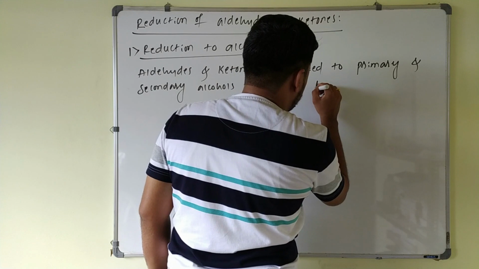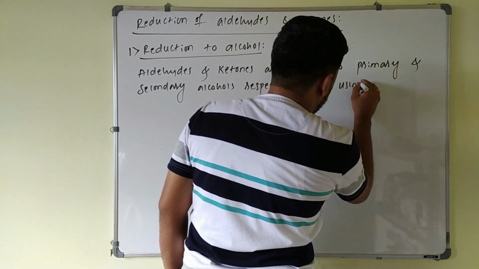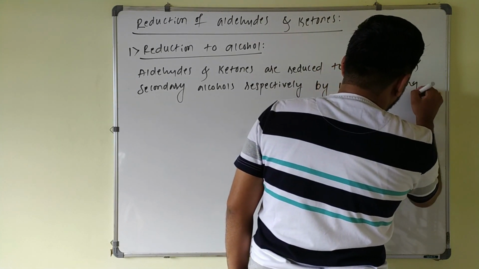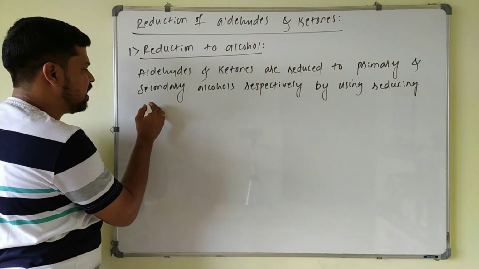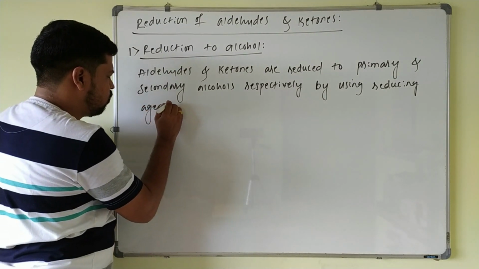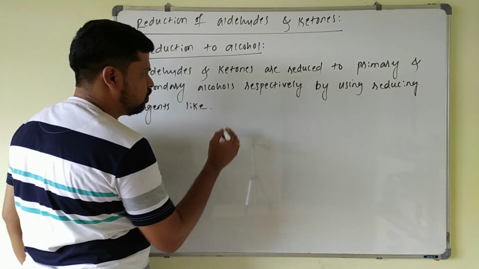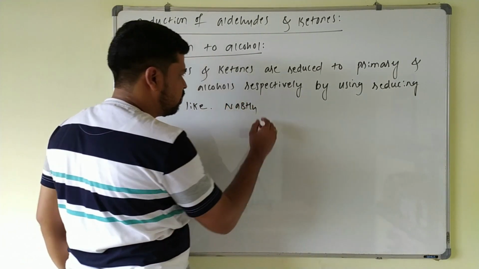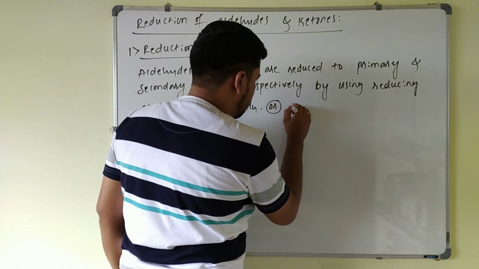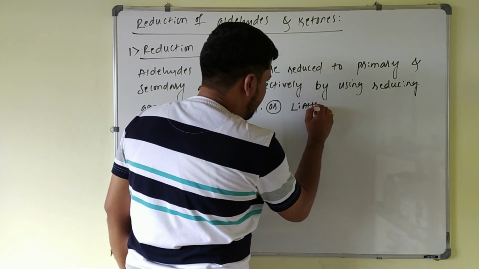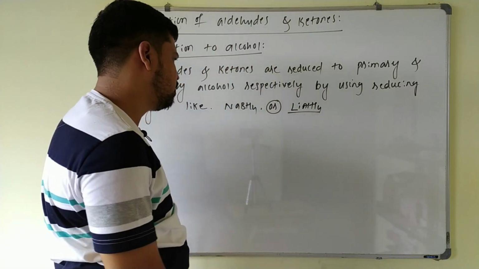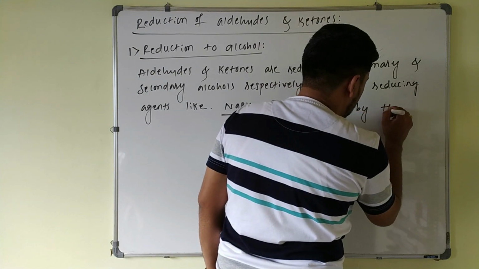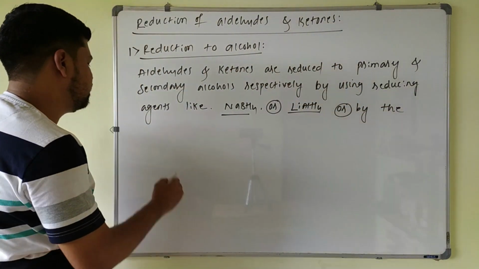by using reducing agents like sodium borohydride NaBH4 or lithium aluminium hydride LiAlH4 or by catalytic hydrogenation.